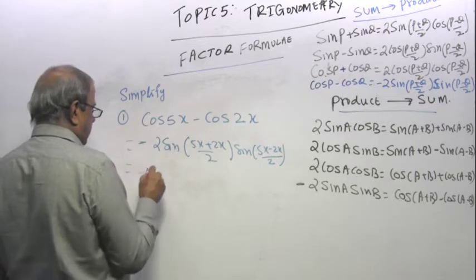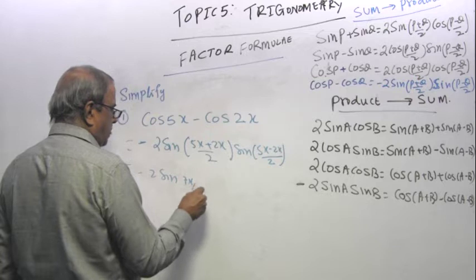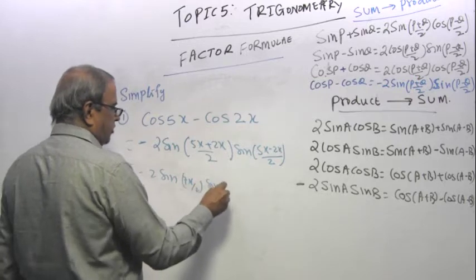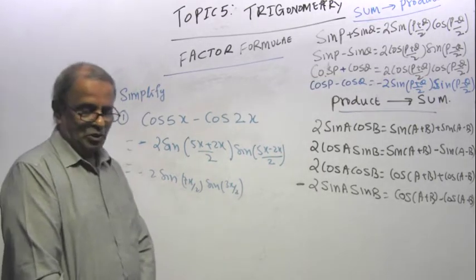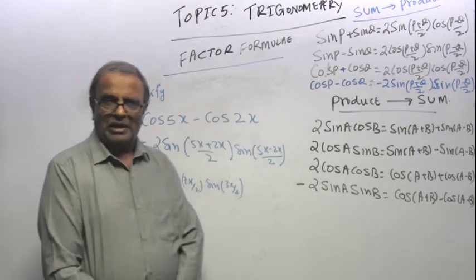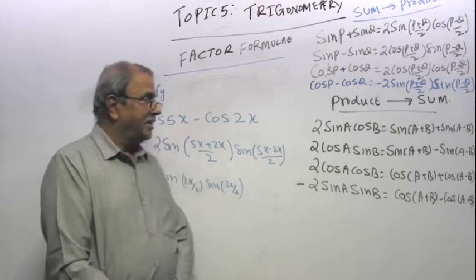So that will become minus 2 sine (5 plus 2, 7x over 2) sine (3x over 2). Well, what is the use of knowing this? Fine. You got a plus and you convert it, or a minus and you convert it into a product, sum to a product. So what?